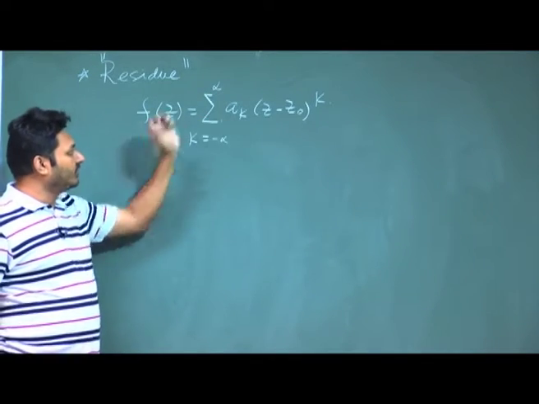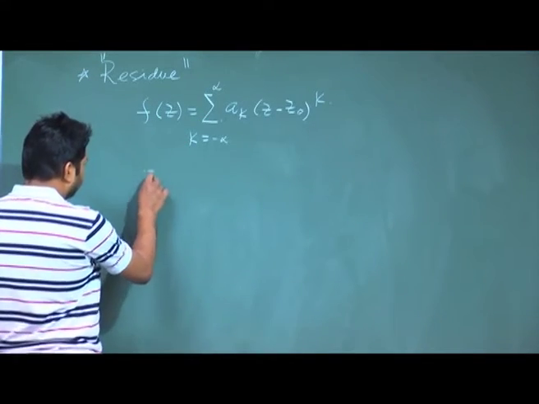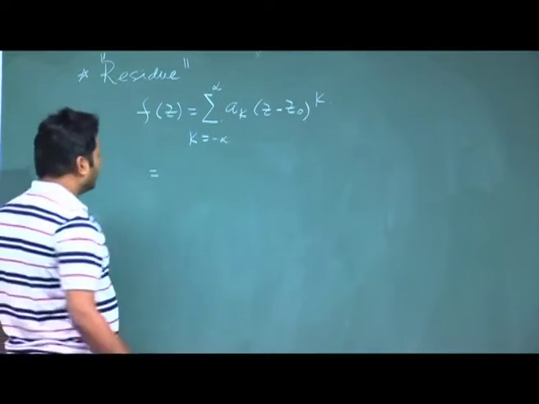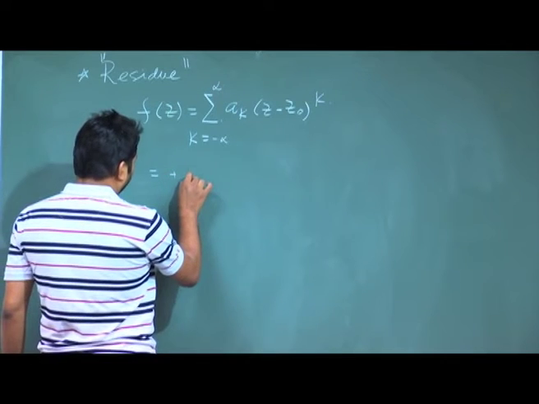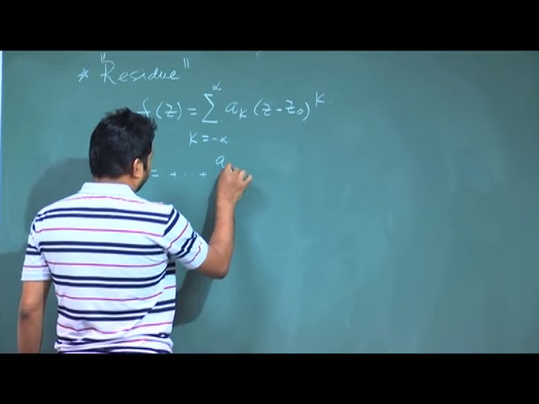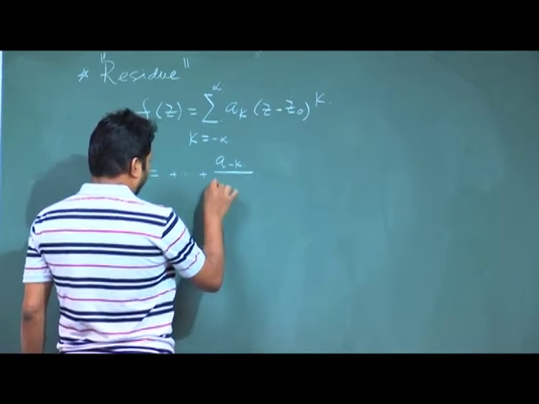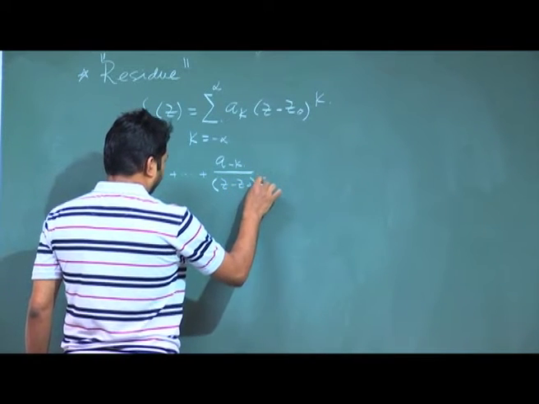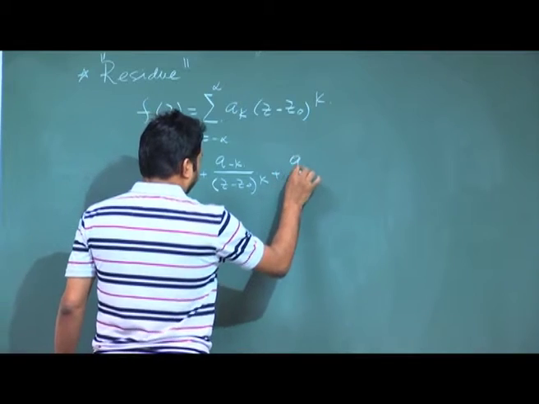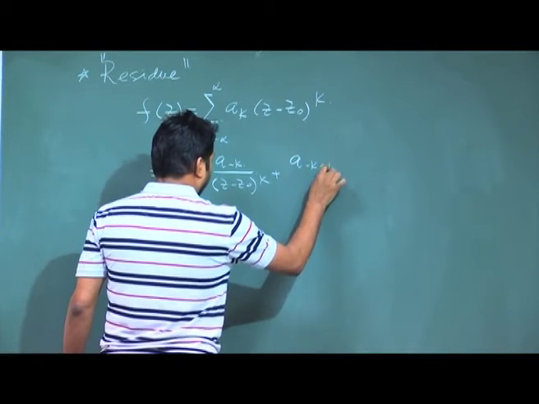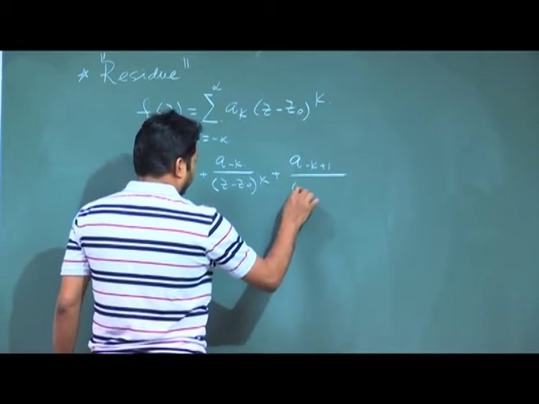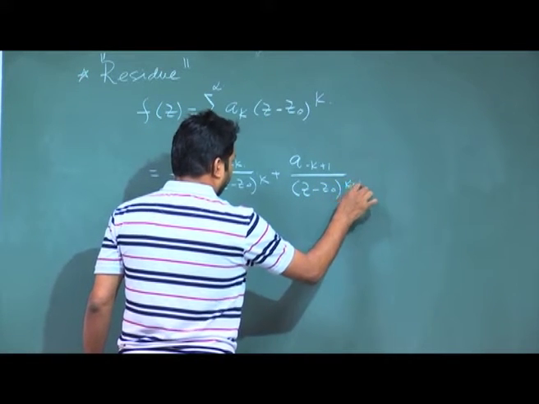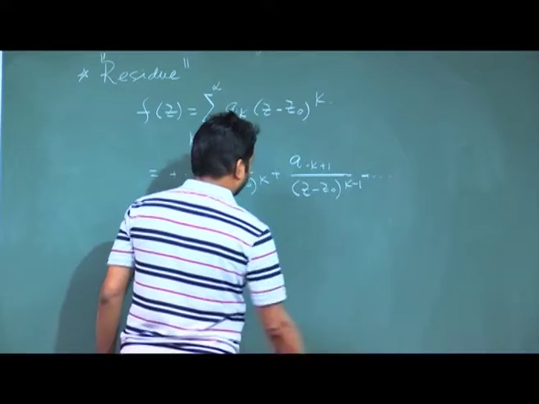So, from minus infinity to infinity. If I write this, then it will be plus dot dot dot, plus a_{-k} (z minus z0) to the power of minus k, plus a_{-k+1} divided by (z minus z0) to the power of k minus 1, and so on.